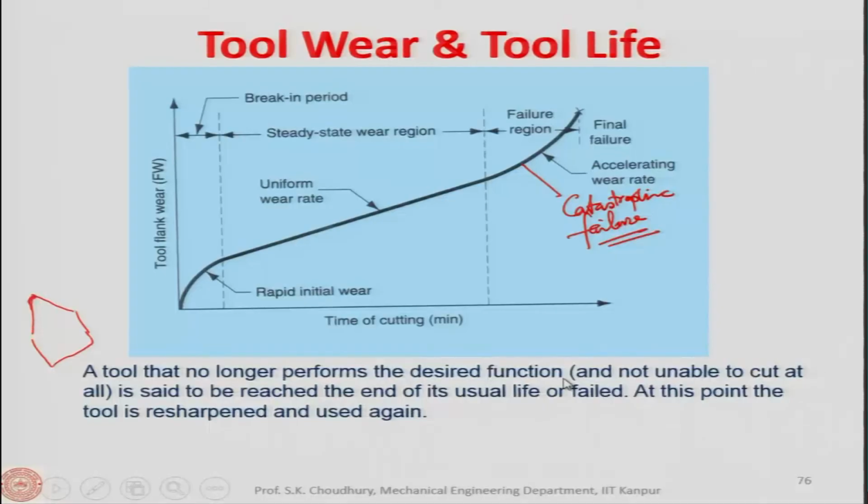The desired function is particularly the dimensions and the surface roughness. It still can cut, but it will not be accurate, it will not be precise, and it is said to have reached the end of its usual life or failed. At this point the tool is resharpened and used again.